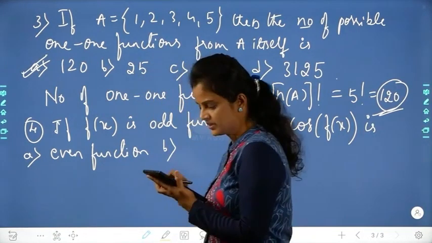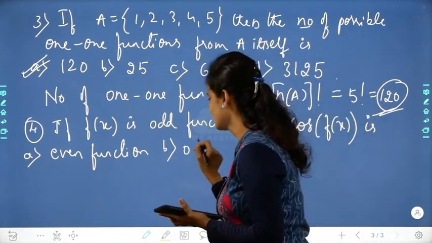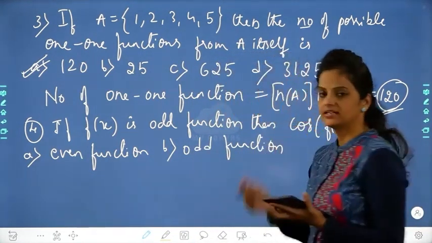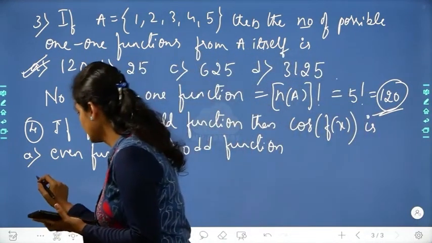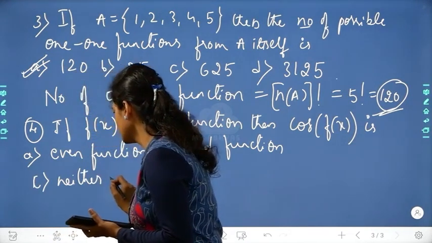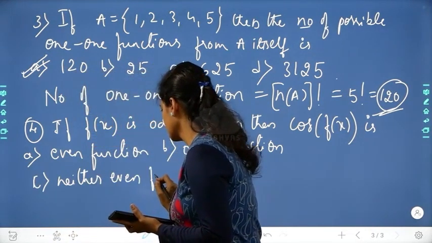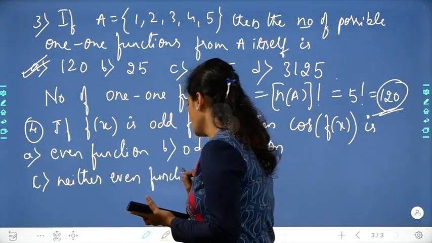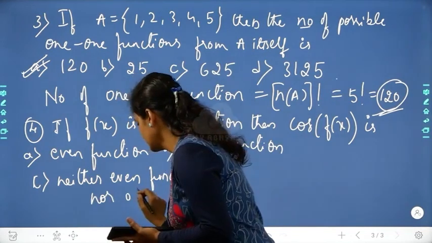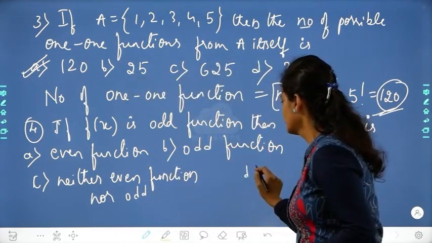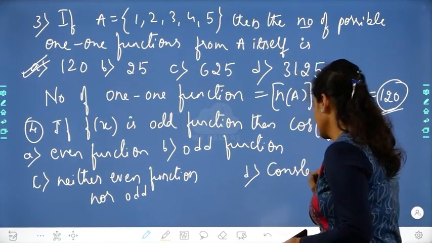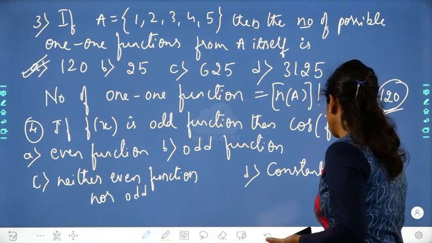Second option, you can guess what it is, odd function. Third option is neither even function nor odd function. Fourth option is constant function.